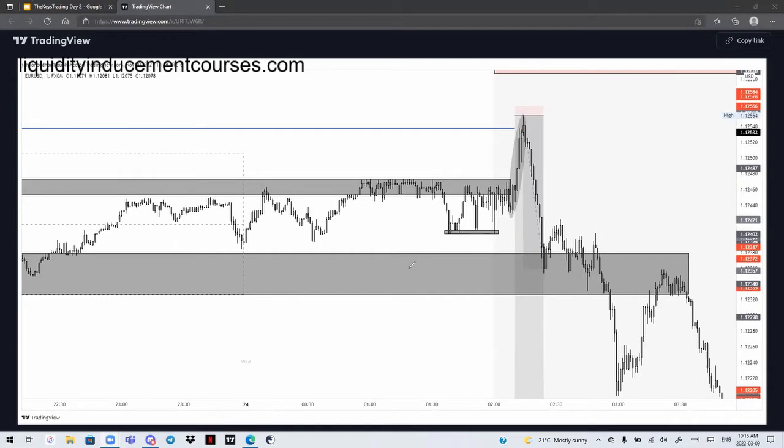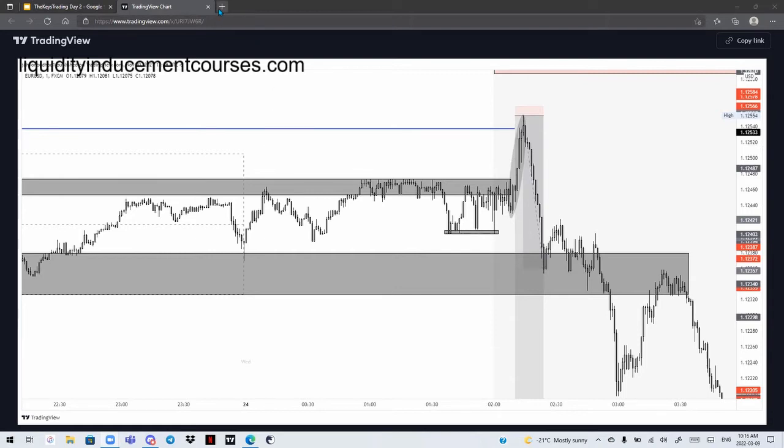Now you can backtest this as well to see it for yourself. So now these highlighted areas here, these highlighted candles are our vector candles. Why is it called vector candles?